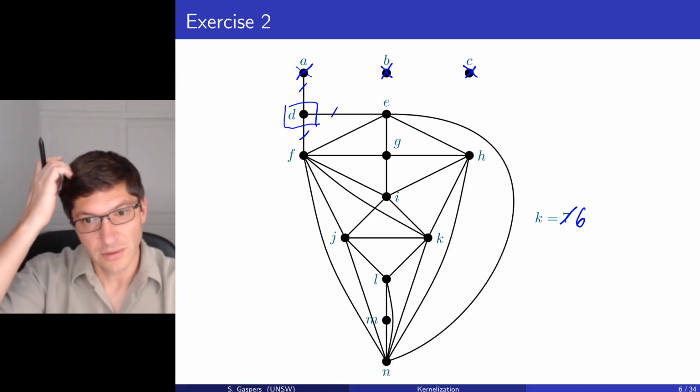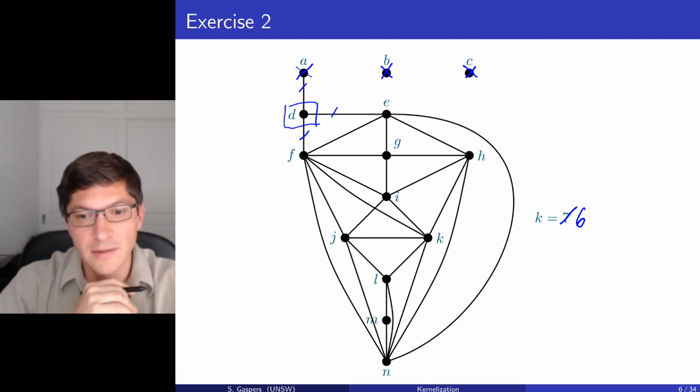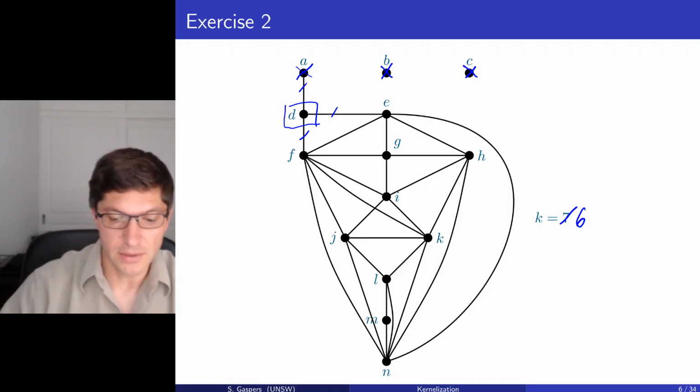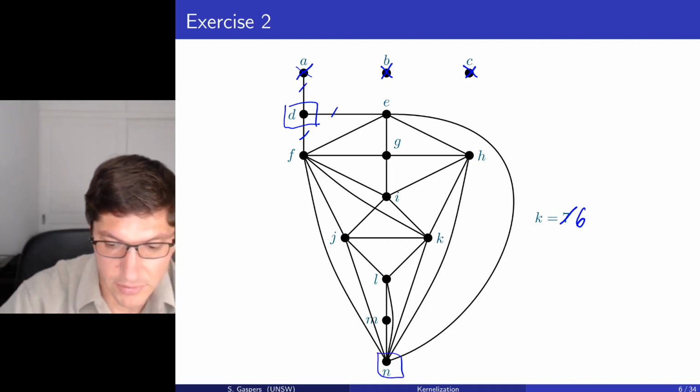So we conclude that if N is not added to the vertex cover, then we cannot cover this graph with another 6 vertices. So we need to add N to our vertex cover. We do add N to our vertex cover. k decreases by 1.